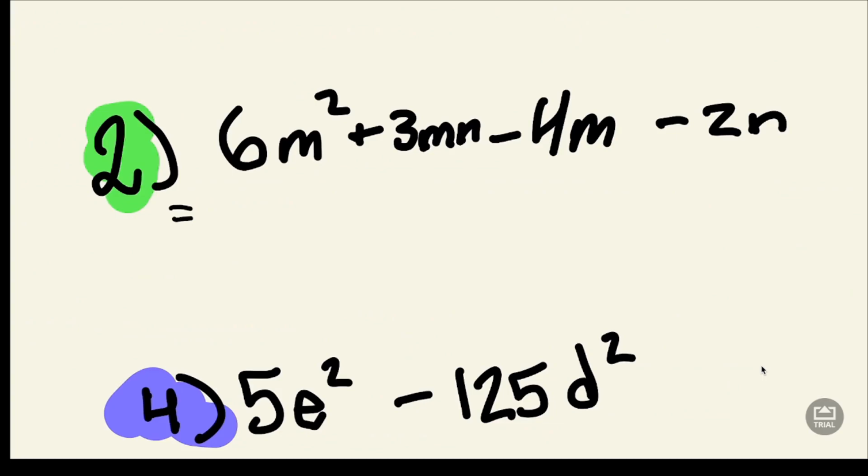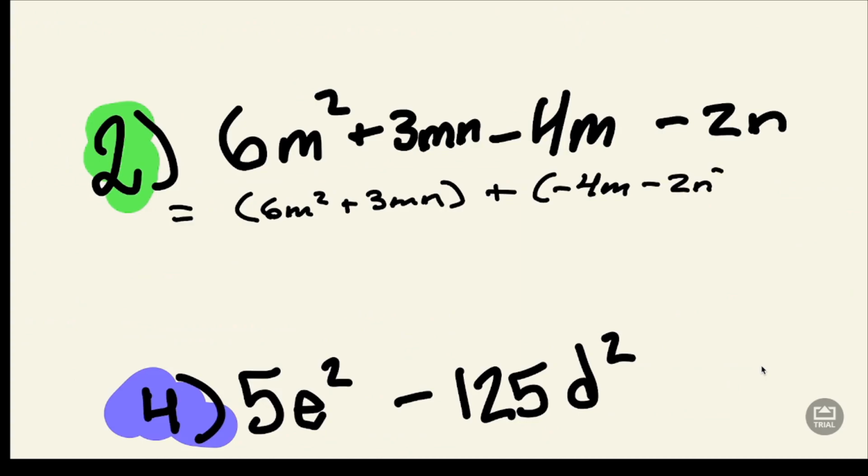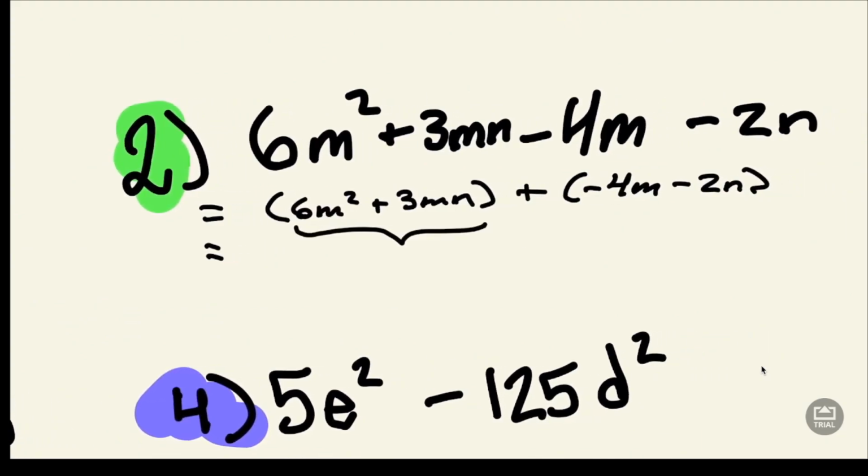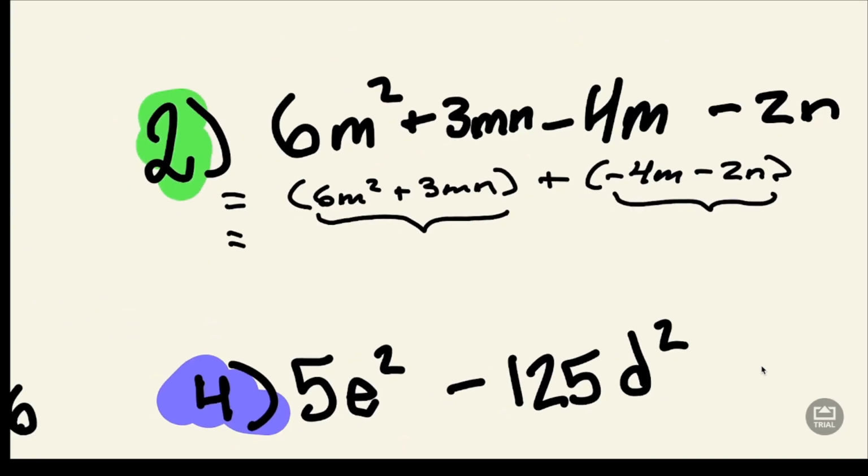So by factoring by grouping, what you have to do is group the first two terms in a bracket, and the last two terms, and then you look, just like in the first question, at what is common between this bracket and what is common between this bracket.